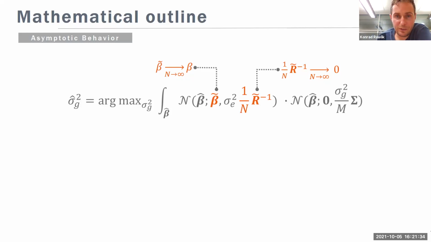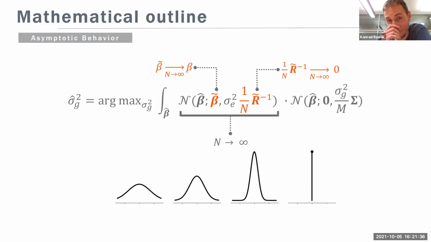So this first Gaussian, when the sample size goes up, is more and more centered on the true underlying regression coefficients in the population, and its variance goes down, so it concentrates more and more on this point.